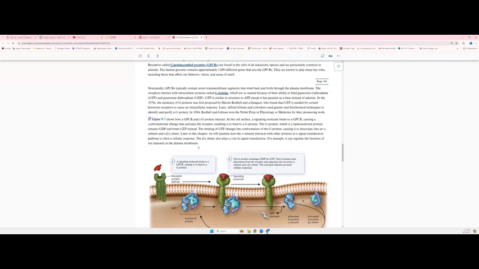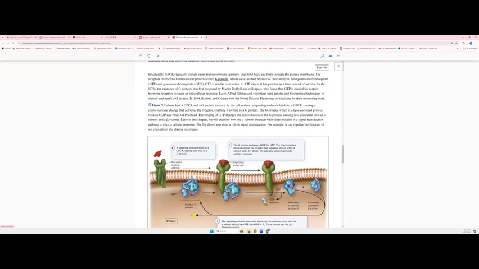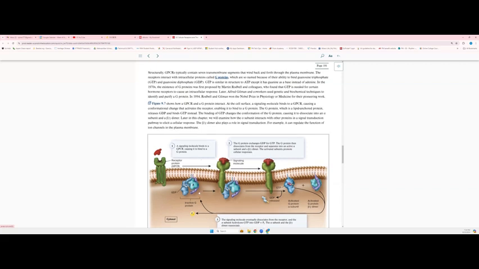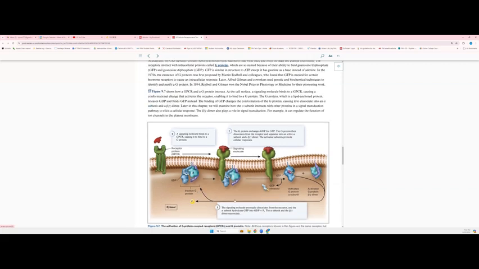Then this chapter shows how the receptor GPCR reacts with G proteins. For example, this is a G protein. First of all, the signal molecule binds to the GPCR, causing it to bind to the G protein.